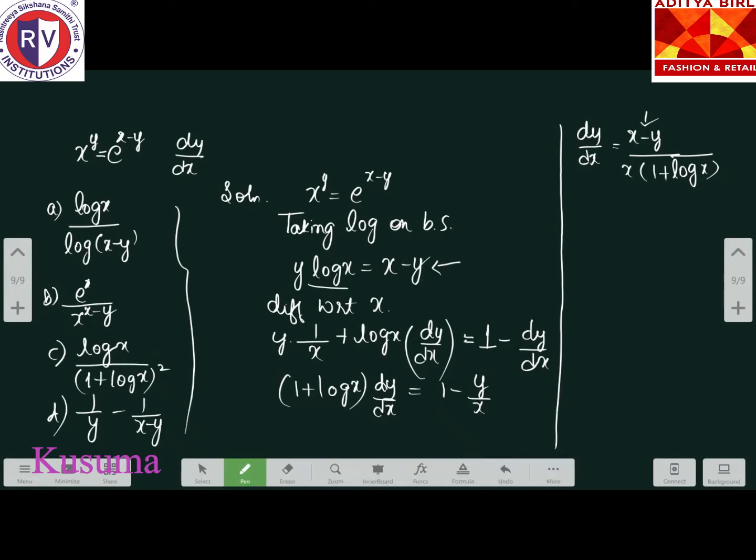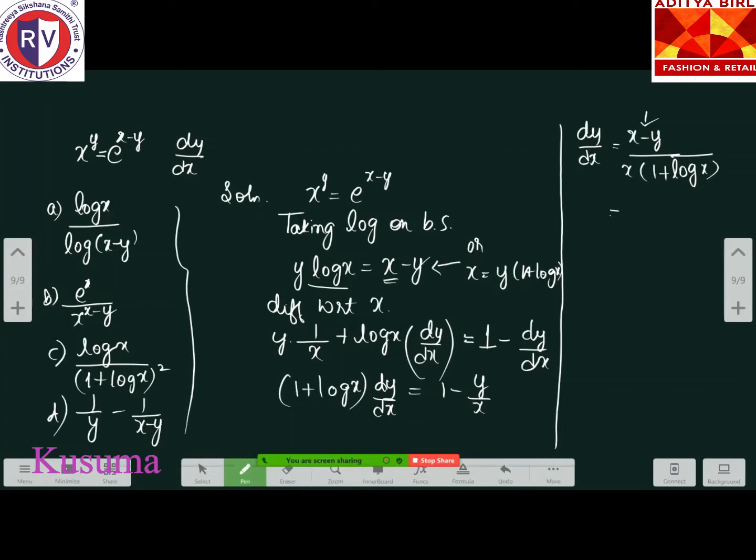What is x from this equation? y log x plus y, or x is equal to y into 1 plus log x, right? And from the same equation, we have x minus y is equal to y log x.